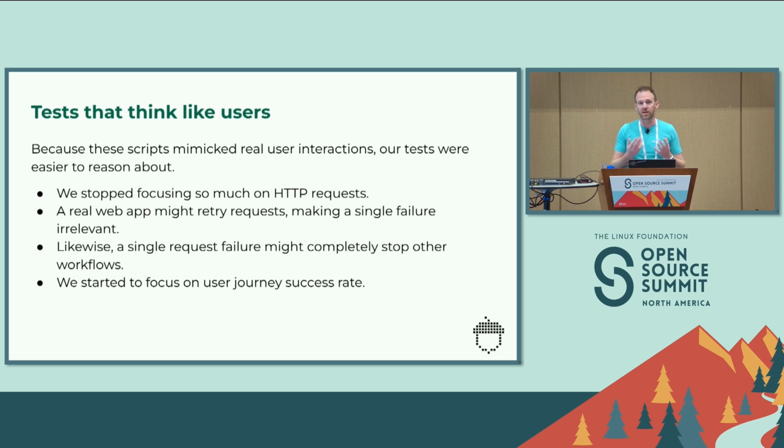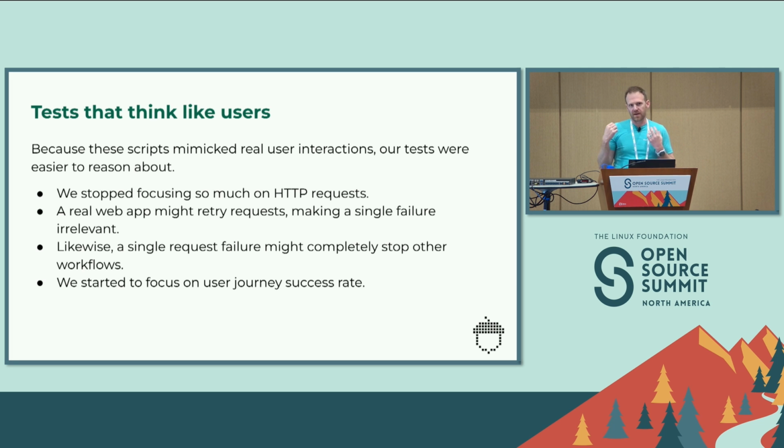They're looking for buttons in the same way that users do. And the consequence here is we stopped focusing on HTTP requests, and we started focusing on whether the interaction that we're trying to test, the submission of an entire unemployment claim, could be executed or not. So the user journey success rate.